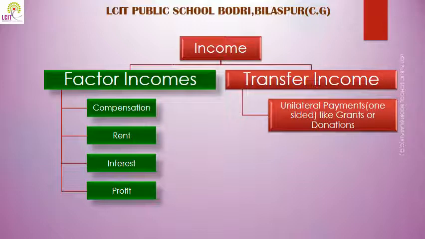In return, you are not receiving any service, any product, nothing. But in factor incomes, you are giving a service or a product and you are receiving something. Either you are giving a product or a service and then you are receiving the money. It is a two-way process. It is not a unilateral payment, it is a bilateral payment.